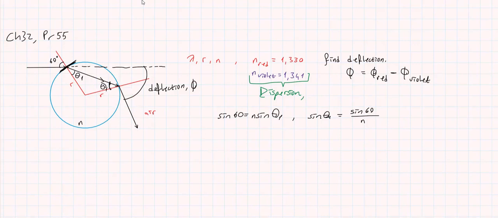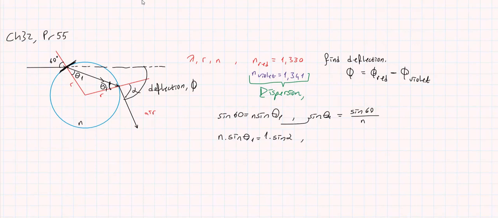then I will apply Snell's law again, and I will say that this time again n, because it's coming from the raindrop, sine theta 1 will be equal to 1 times, because it's going to air, 1 times sine, let's call this angle alpha, sine alpha.